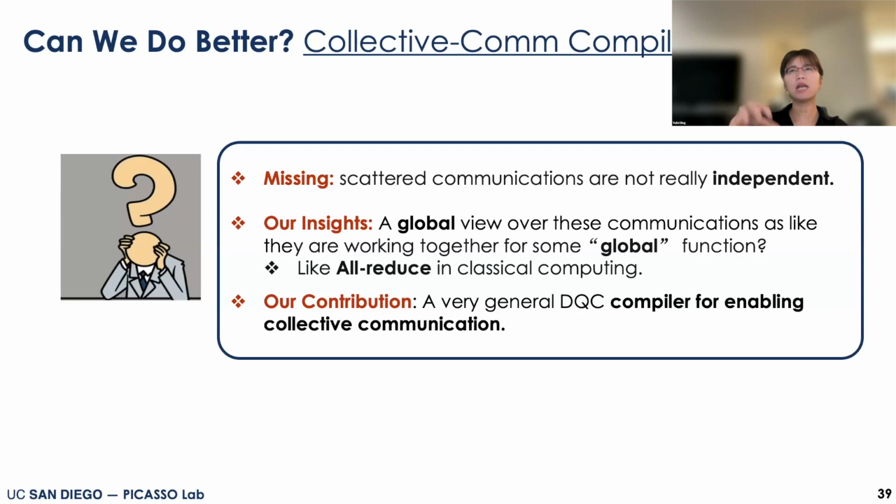So if we really leverage their global structure, we can do much better and substantially reduce the number of communications, or the number of EPR pairs we need to enable this kind of communication. And our contribution is a very general DQC compiler that enables this kind of collective communication.